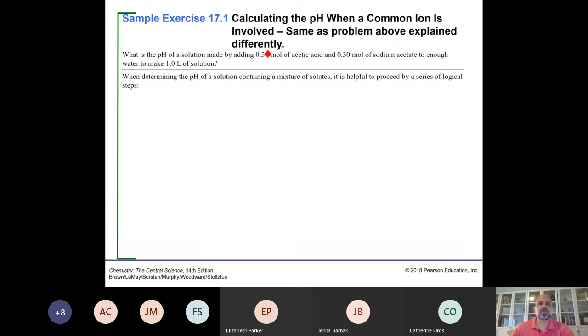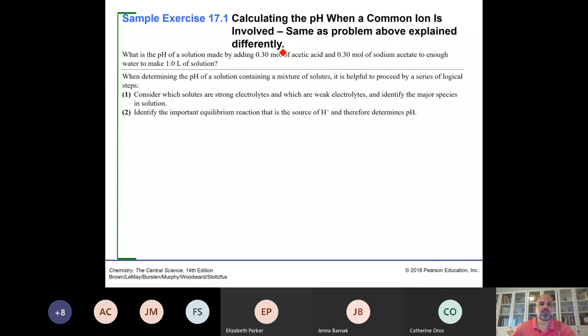First, when you're determining the pH of a solution containing mixtures of solutes, it's helpful to proceed by a series of logical steps. First, consider which solutes are strong electrolytes and which are weak electrolytes, and then identify the major species in solution. Next, identify the important equilibrium reaction that is the source of the protons and therefore determines the pH.